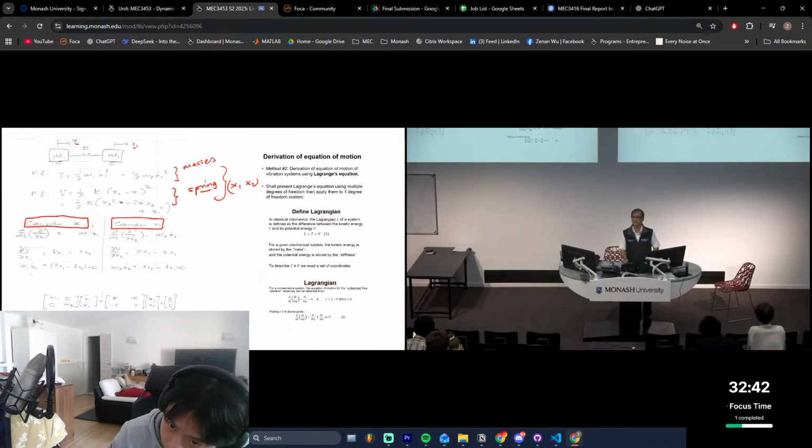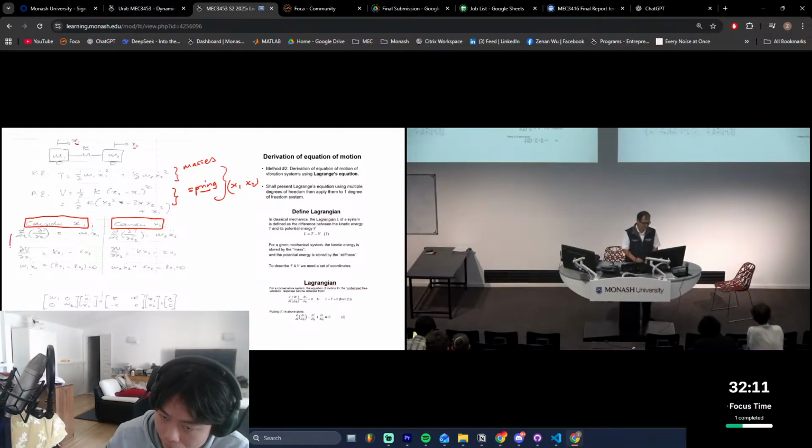Okay, so T is half m1 x1 dot squared plus half m2 x2 dot squared. V is a half k (x2 minus x1) whole thing squared. And assemble the Lagrange equation or the equation of motion accordingly.